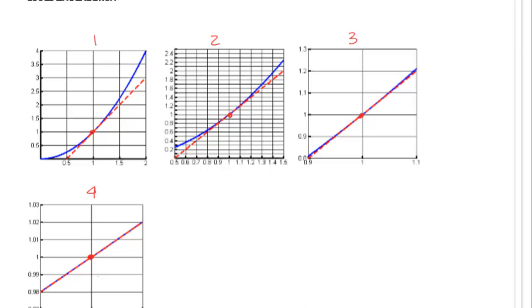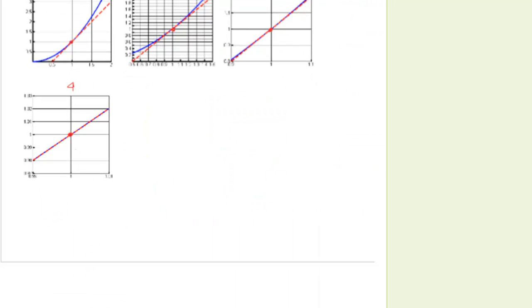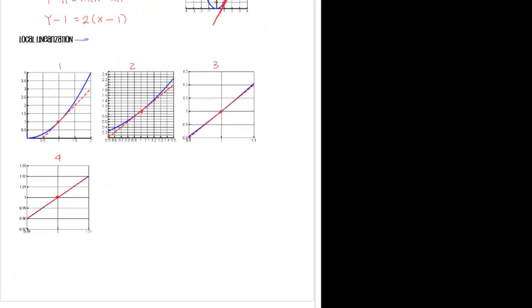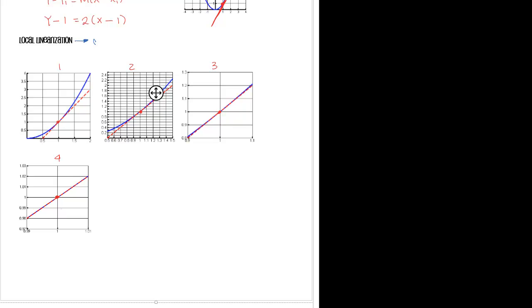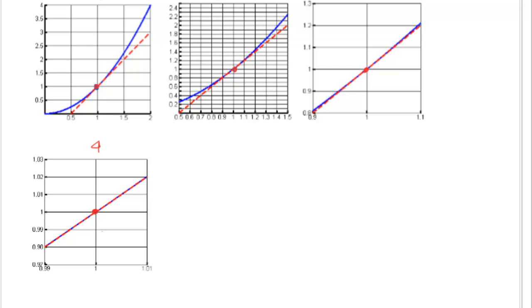So what I want you to pretty much know from this is the fact that a tangent line, so local linearization, we usually always pick a point, we call it centered at a point, x equal to a, and x equal to a meaning, in this case, where we created our tangent line, which was at x equal to 1. That would be considered the center of the linearization.